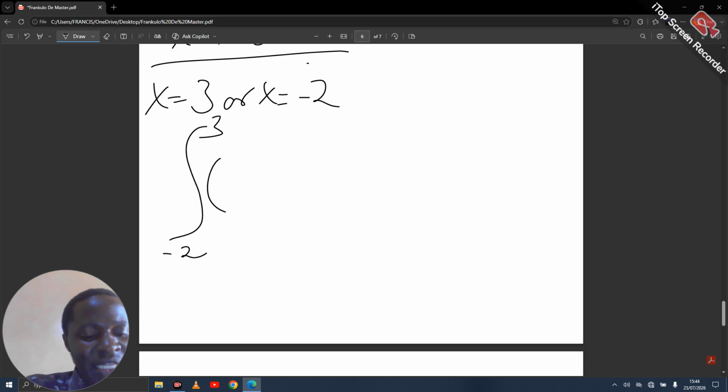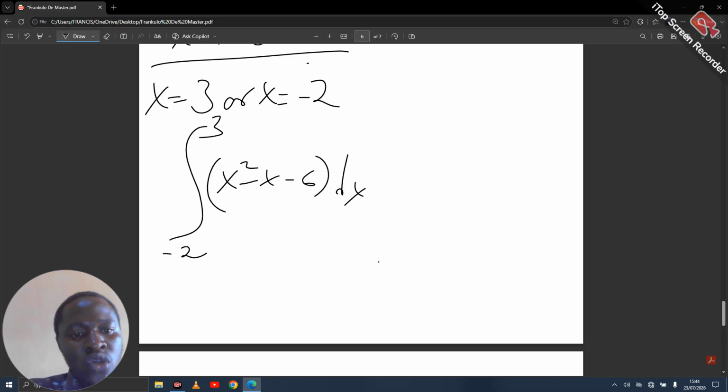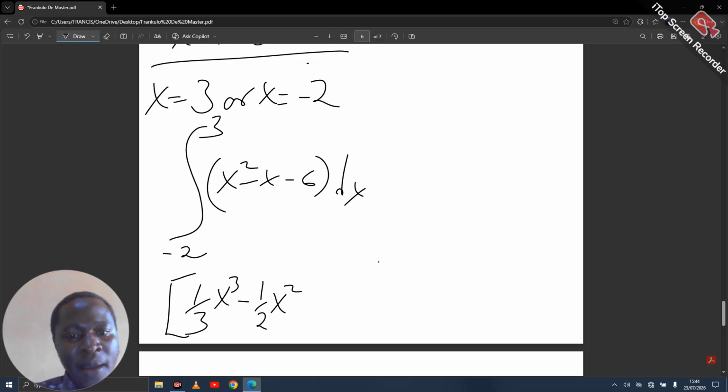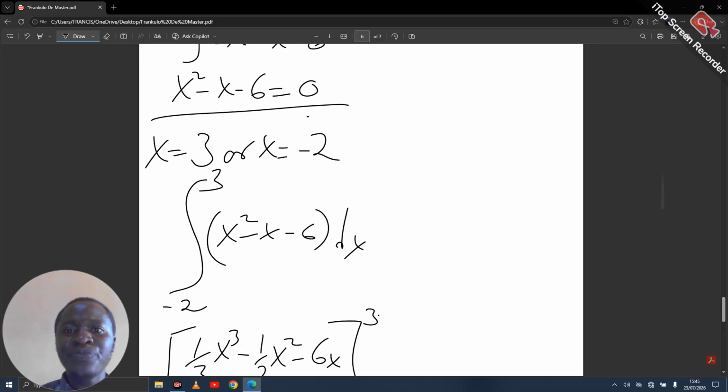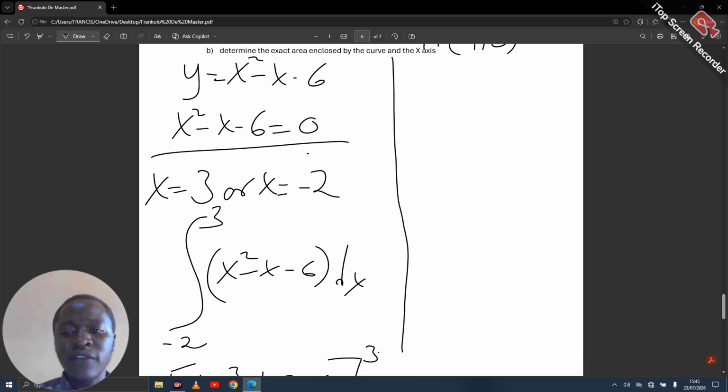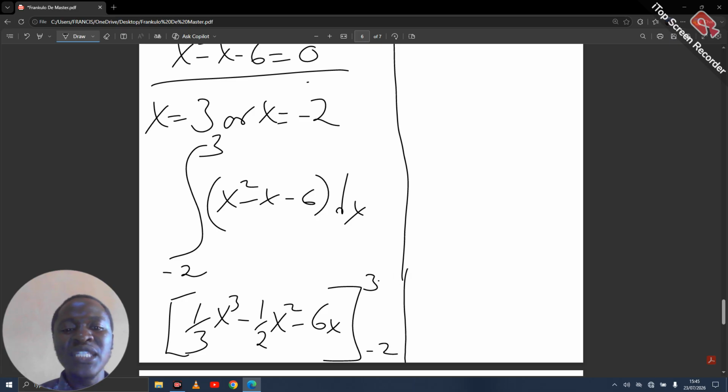We are integrating x squared minus x minus 6 dx. So we shall have a third x cubed minus a half x squared minus 6x, from negative 2 to positive 3. Your work is just to substitute.